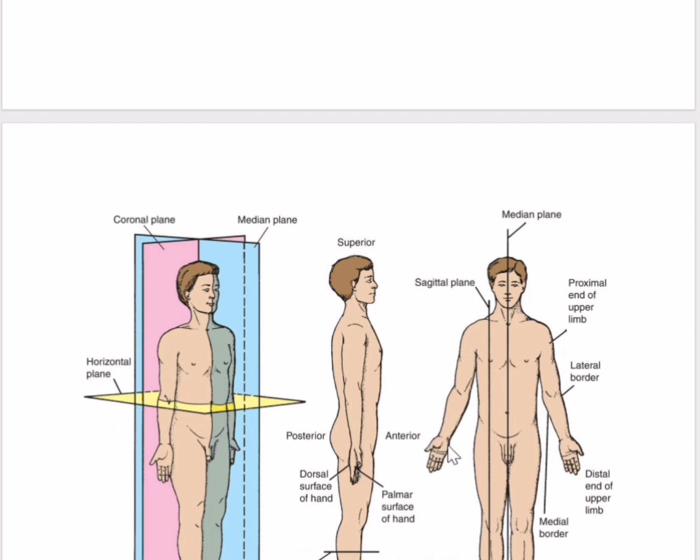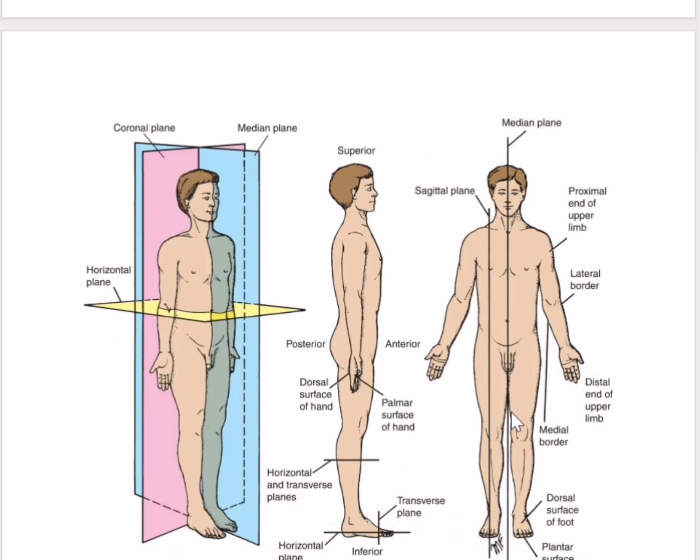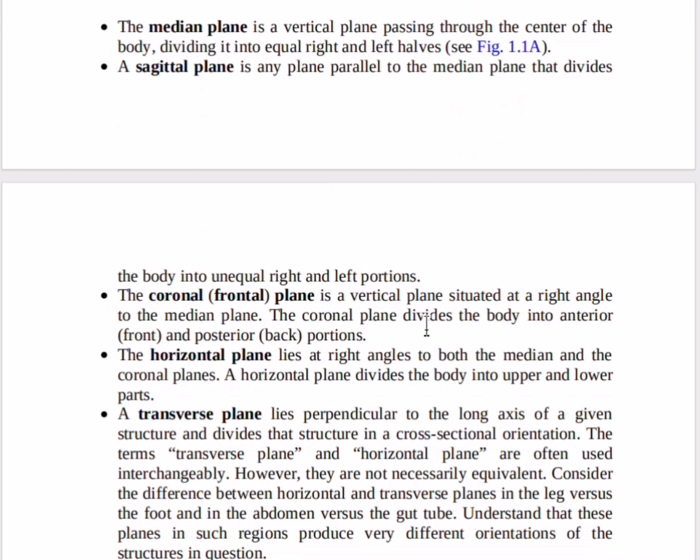Again, the joint which is connecting your hand to your forearm, we say that this joint is distal to the trunk as compared to the joint which is connecting your arm to your forearm, which is called the elbow joint. The elbow joint is near to the trunk as compared to the what? To the wrist joint. So we say that the elbow joint is proximal to the trunk while the wrist joint is distal to the trunk. So these are the anatomical terms which we what?